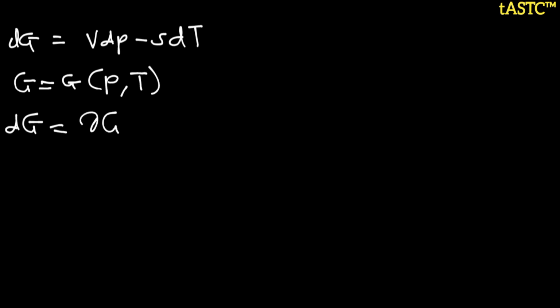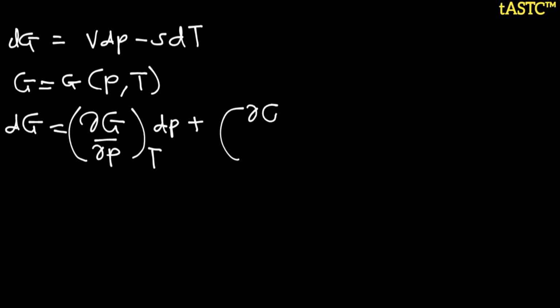So this is going to be partial G, partial P at constant T, multiplied by dP. And here we're going to have a partial G, partial T with respect to P multiplied by dT.